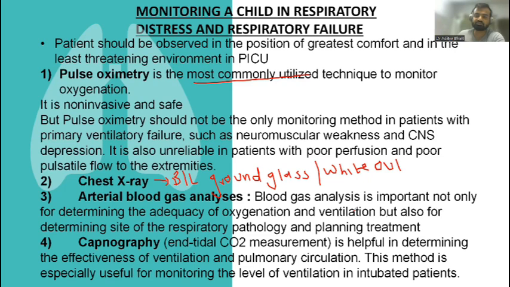ABG should be done to see the metabolic acidosis associated with the patient, and for the measurement of PaO2 and TCO2. And capnography is now available with many of the ventilators that we have, and it measures EtCO2 and tidal CO2, which helps for 2 reasons. One is that when you intubate the patient, if the ET tube goes into the esophagus, then EtCO2 will show that there is no CO2 excretion present.